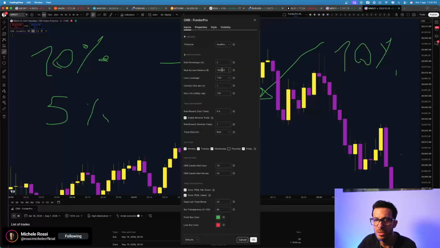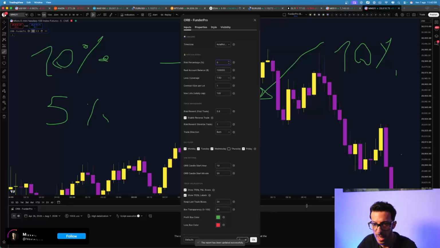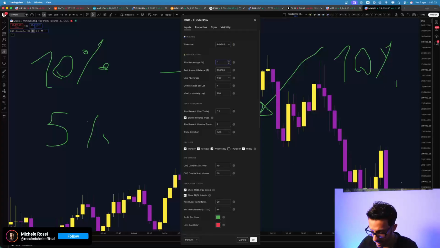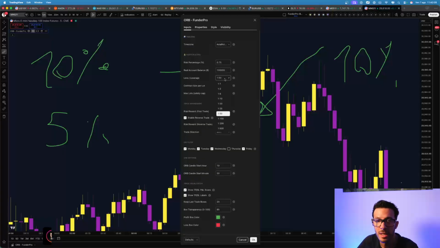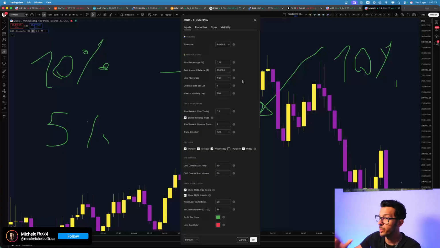We just need to say we have a $100,000 account. We're going to risk 0.75% per trade. This is not the calculation model. This is just for sending the signals to the meta copier that's going to replicate the trades into our prop account, right?